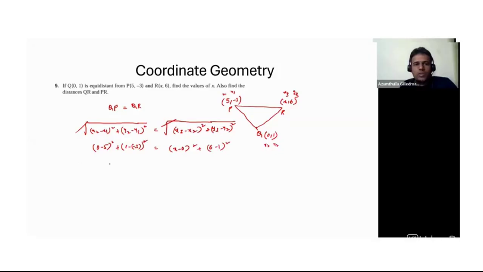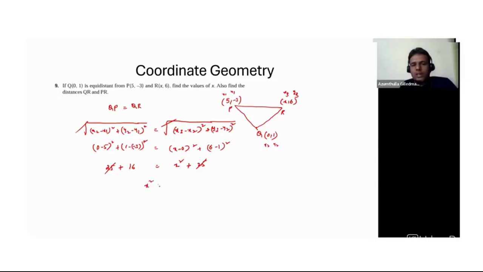Now (0 minus 5) whole square means 25, plus 1 minus of minus 3 is 1 plus 3, 4. 4 square means 16, equal to x square plus (6 minus 1) whole square, 5 square means 25. So this 25 I can cut, or if I send it to the other side, they become 0: 25 minus 25.